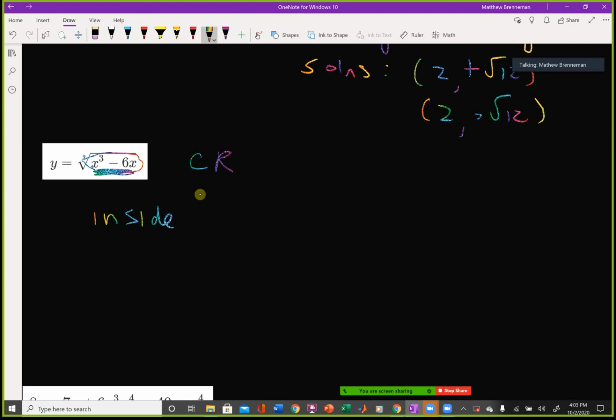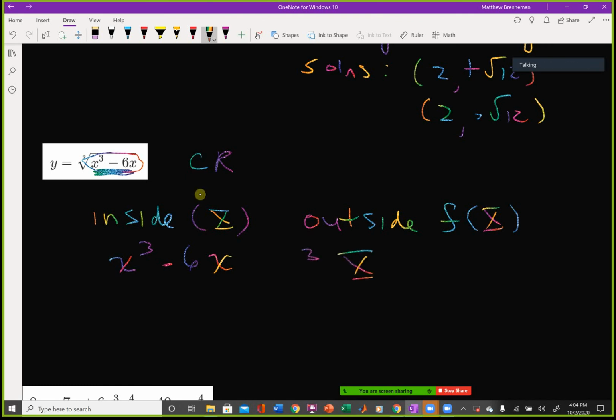So my inside function, capital X, is just going to be x cubed minus 6x. And my outside function, which is going to be f of the inside function, is just the cubed root of capital X. And I can check myself.